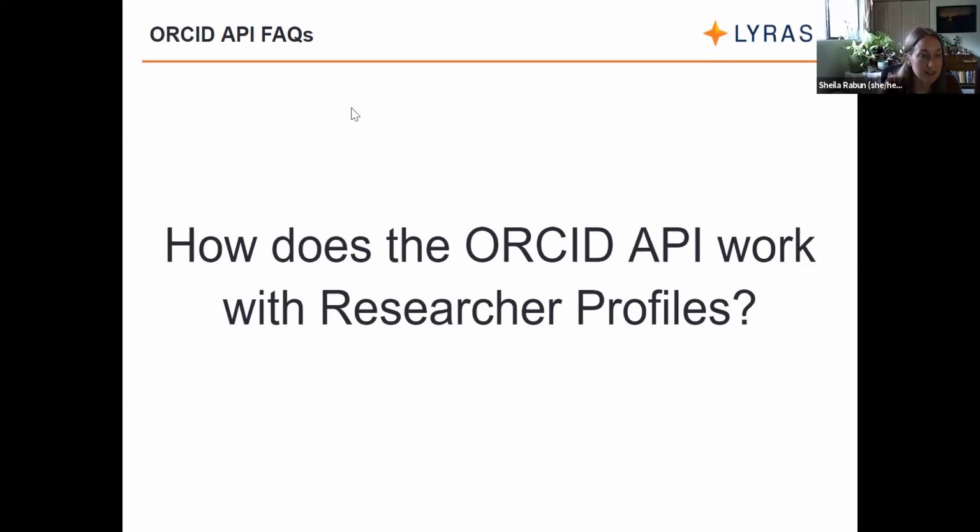All right, I'm seeing in the chat, populate ORCID with Scopus publications. That is certainly something that is possible. I see what you're saying. Somebody might have a Scopus profile and then they can pull that information into their ORCID record. Is that what you're saying, Gary?